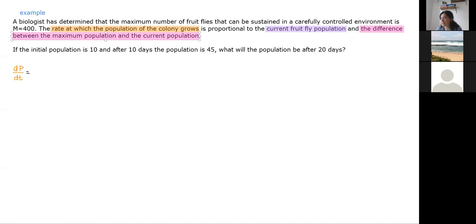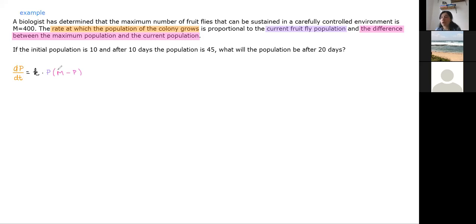So that means this is going to be proportional, so times some constant, to the current fruit fly population, which is just the population at time t, p, and the difference between the maximum population and the current population, which is m minus p.